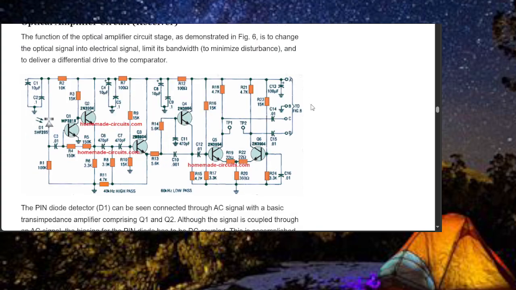Optical amplifier receiver circuit. Wow, that's a lot of stuff. You could just put the signal into an FM. My radio has FM on it. Set it to a certain frequency. I could use the radio.